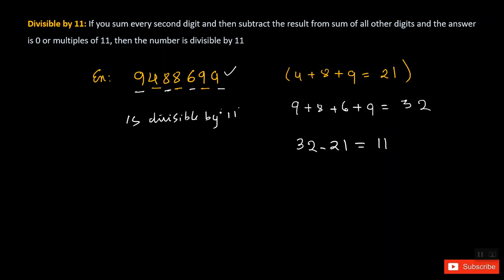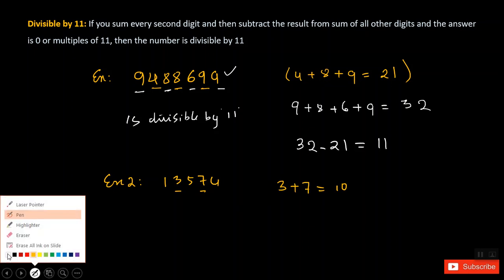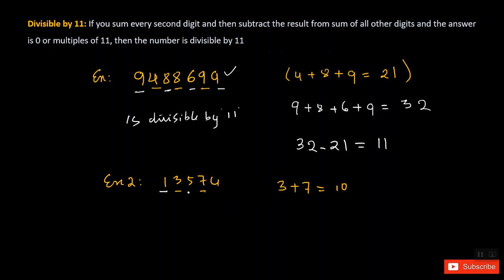Okay, let's take another simple example. Example 2: let me take 13574. Take the alternate digits, 3 plus 7. The result is 10. Take the sum of the other digits: 1 plus 5 plus 4.